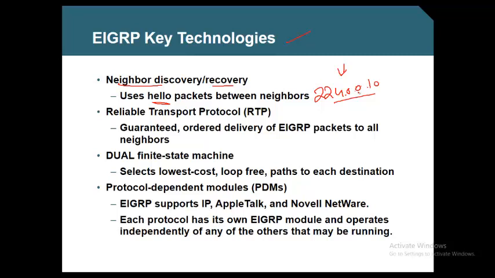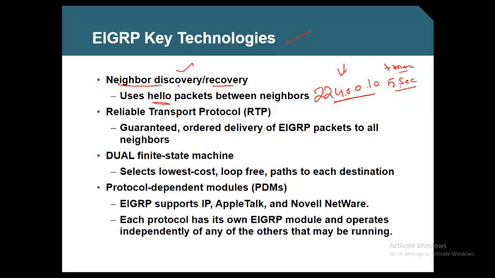So the hello packets are sent between neighbors using this 224.0.0.10 address. How often? Every 5 seconds the hello packets are sent. Using that only, the neighbors are discovered.